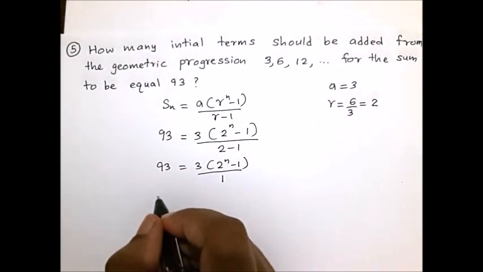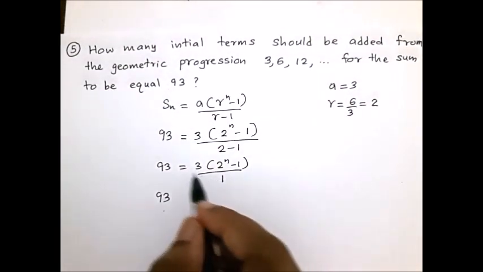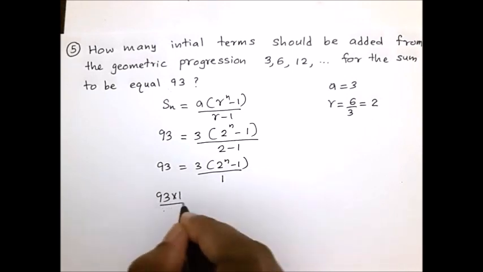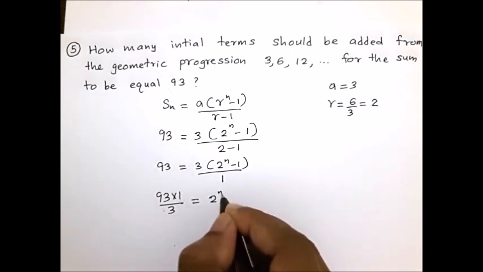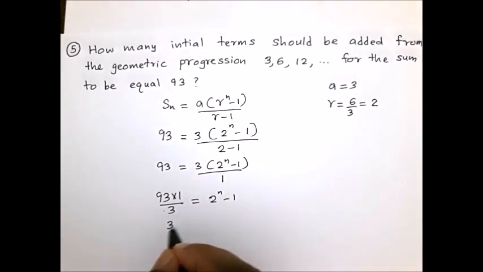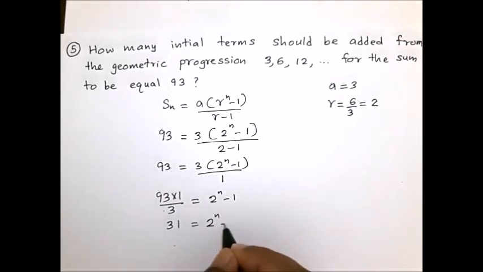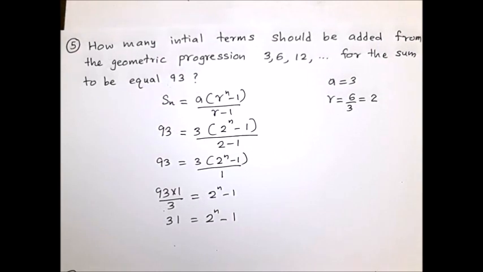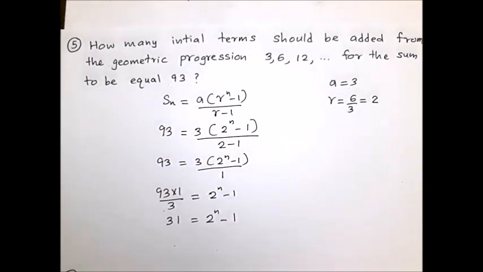Now use cross multiplication. 93 multiplied by 1 divided by 3 equals 2 to the power n minus 1. 93 divided by 3, it is 31, equals 2 to the power n minus 1. You can take minus 1 to the right hand side.